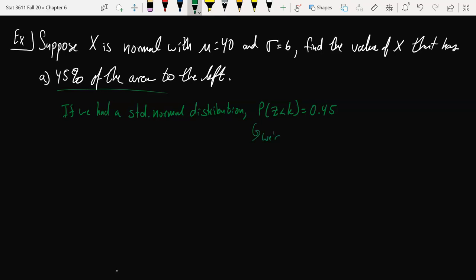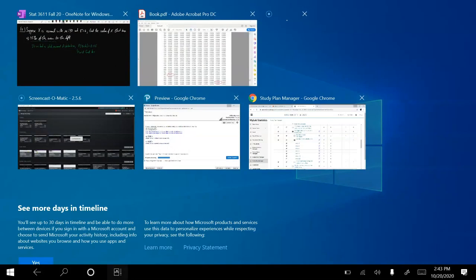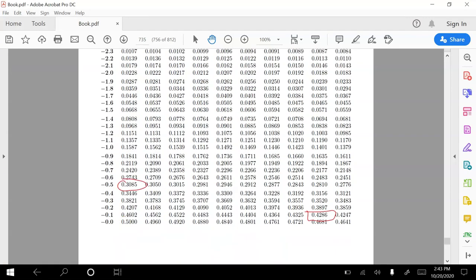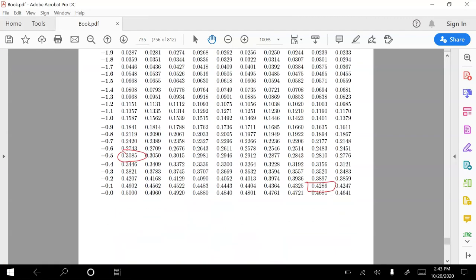We'd find k equals what? Where's 0.45 going to be in the table? Remember, 0.45 is the probability, so we're looking at the entries in the table. 0.450 is about here.